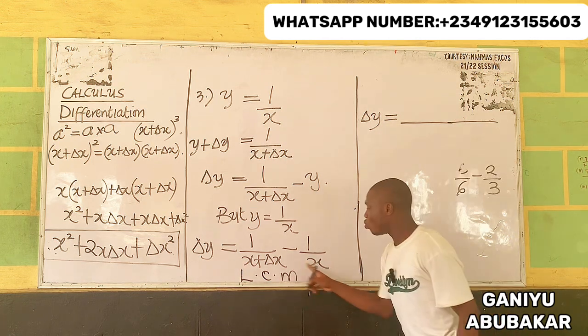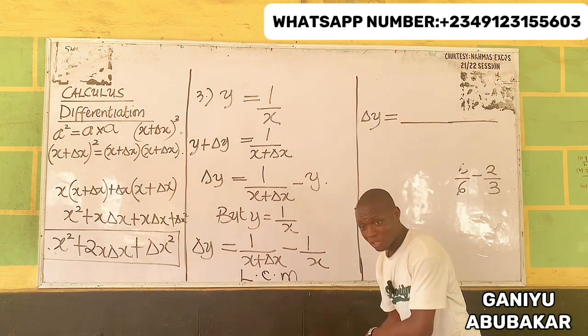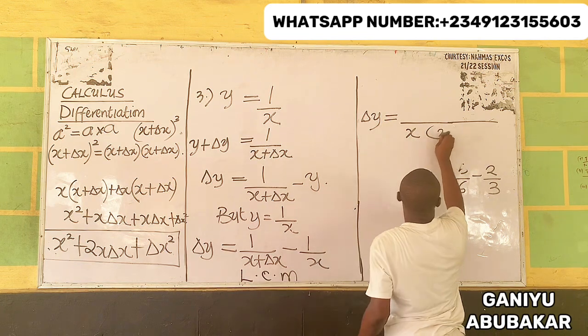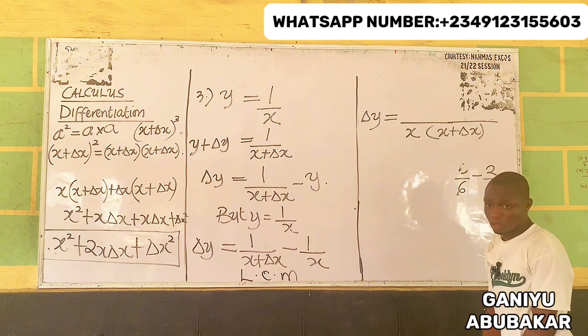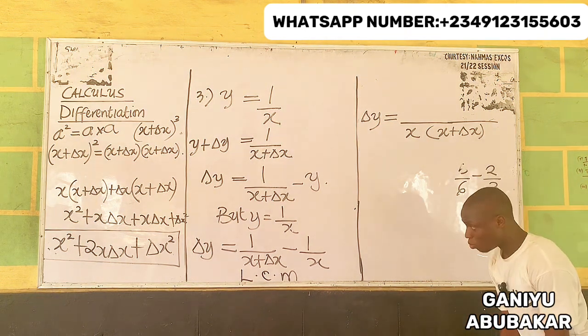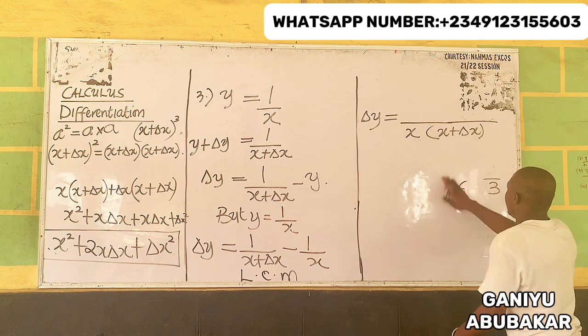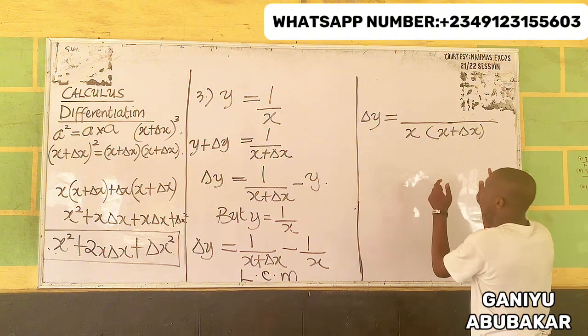So pick out x first. x plus change in x in a bracket. So the two become the LCM. Now hold on, I'm just trying to break it down as much as I can. In exam, I don't need to do all these. I know what I will have. Now listen to the concept, please.